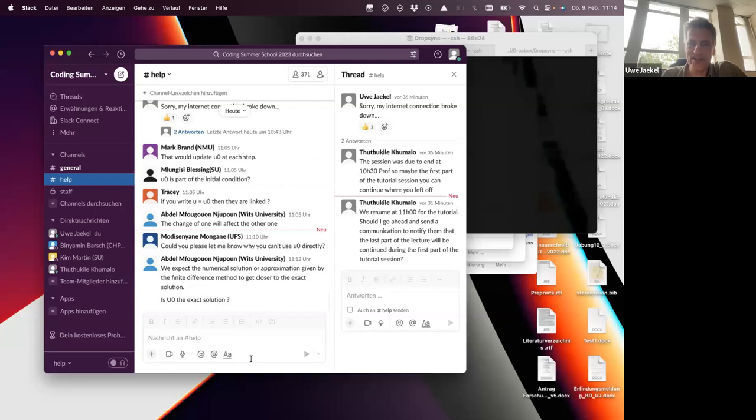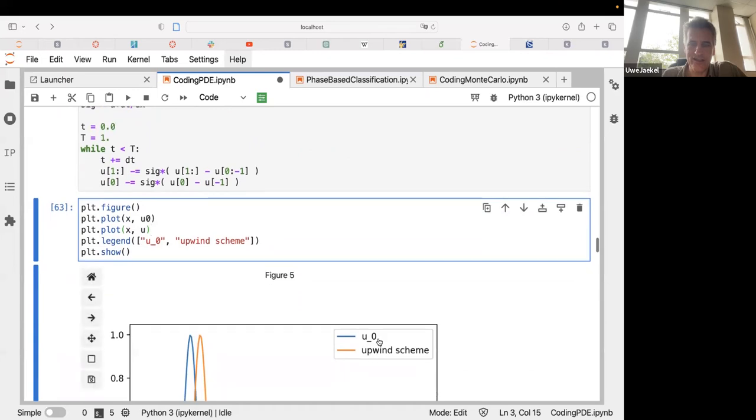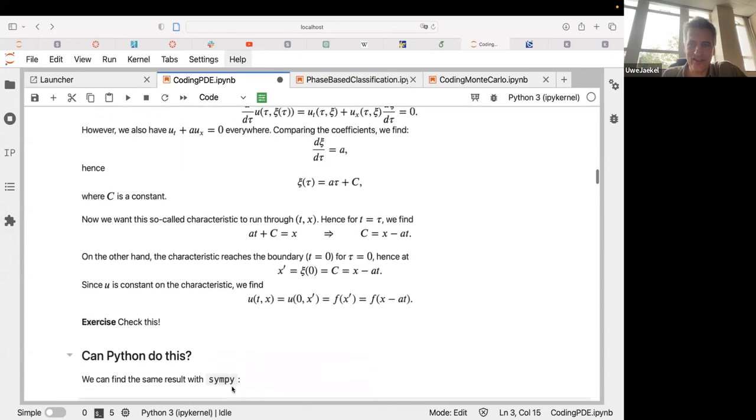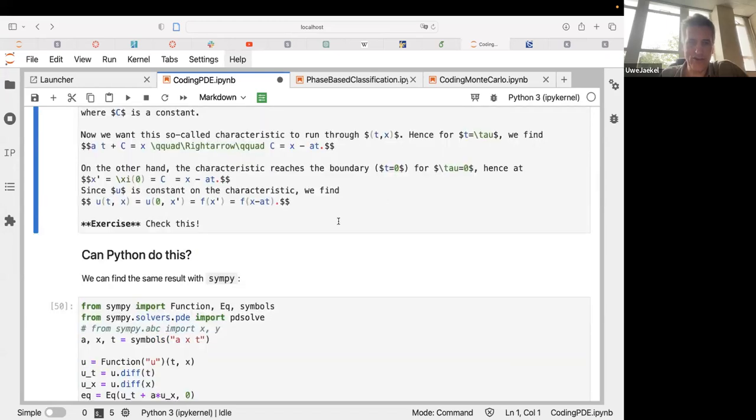No, U0 is not the exact solution. U0 is the initial condition. And we know from the method of characteristics the solution U of x, t. So this is what I called U0.